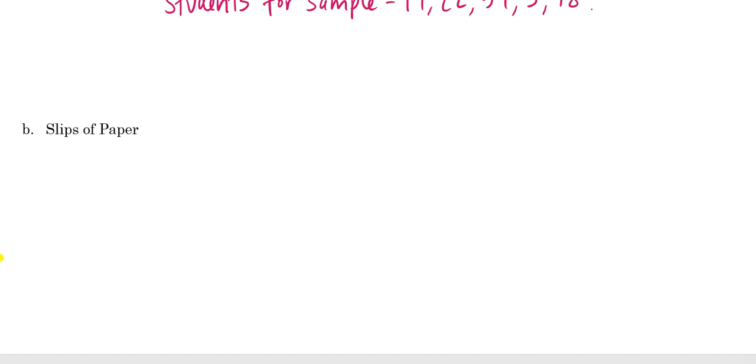I would like you to write out an explanation for how you would do that with slips of paper. So actually pause this video, actually write an explanation, and then once you're done, I will have written up the explanation. You can check it out, see if it matches with mine, and then we'll move on to a random number generator.